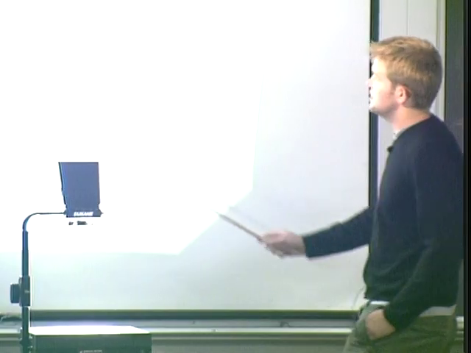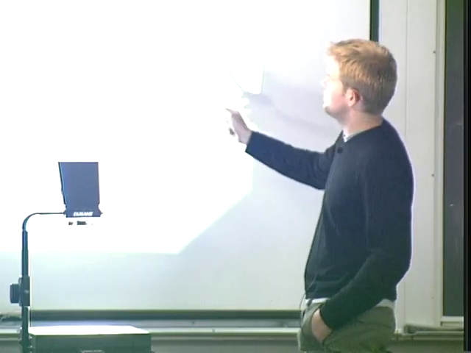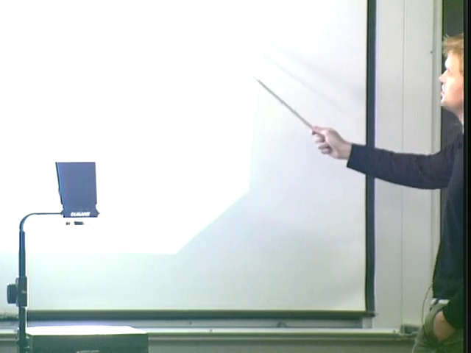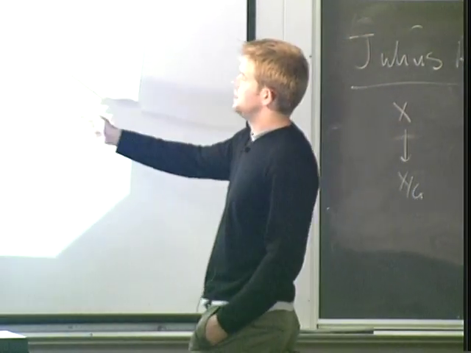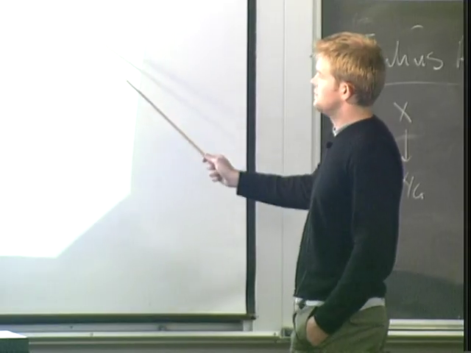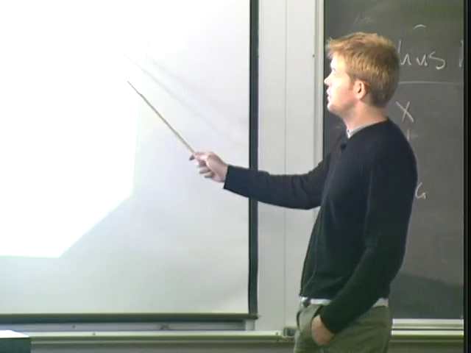So SL2C acts on P1, so it acts on these n points. It actually acts, of course, on the vector space C2, and therefore it acts on its symmetric powers, which are just the degree n polynomials on C2. So G acts on the space of sections of this O(n) line bundle over CP1, which is just the degree n polynomials on C2.